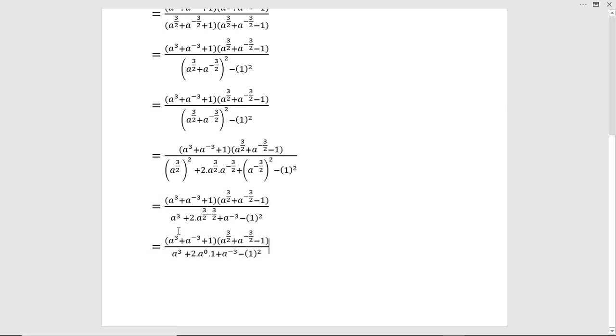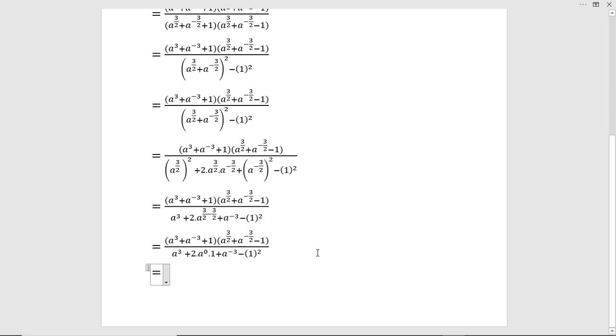Now we'll get the numerator as same, and in the denominator we will get a cube plus 2 into a to the power 0 into 1 plus a to the power 0 means 1, here 1 is extra, written as extra 1 here, and a to the power minus 3 and minus 1 square.